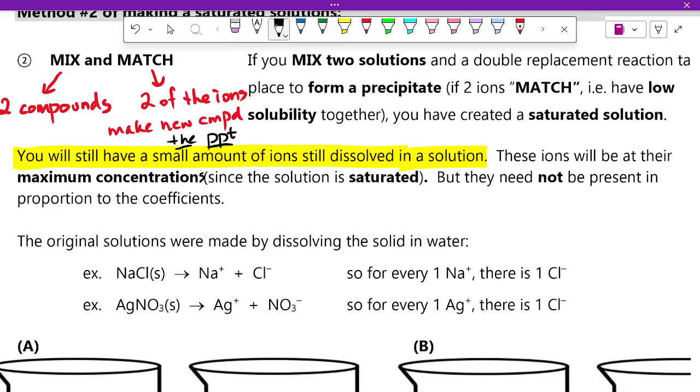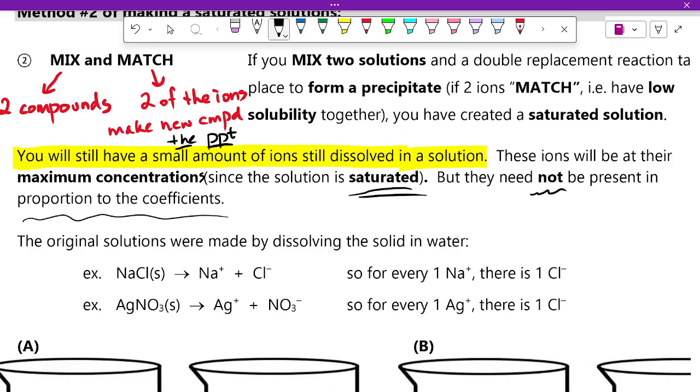It should say concentrations, because they'll probably be different since the solution is saturated, but they do not need to be present in proportion to the coefficients. Don't worry, we're going to show you. That's what all these diagrams are here for, okay?